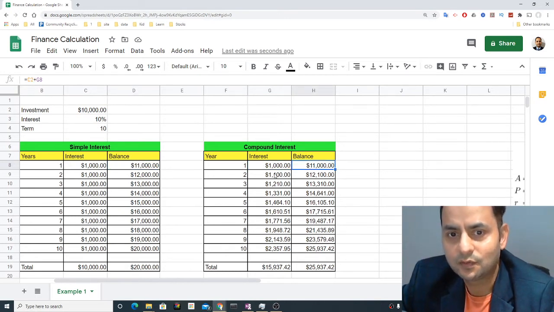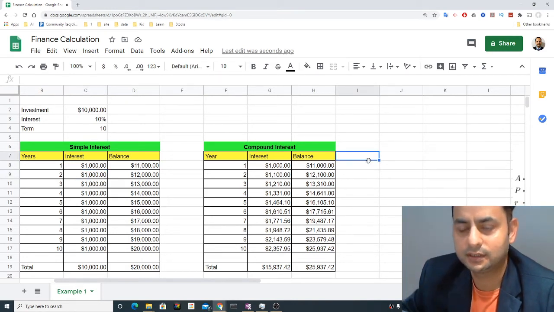The next year we see there is a difference of $100. What is the difference? Because in the second year we get $1,000, correct, but we also get this $100 extra.